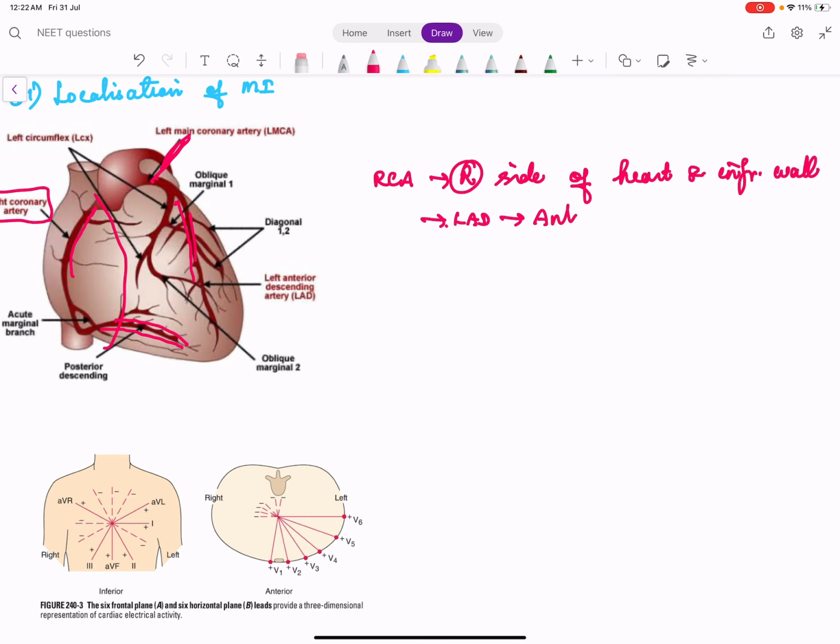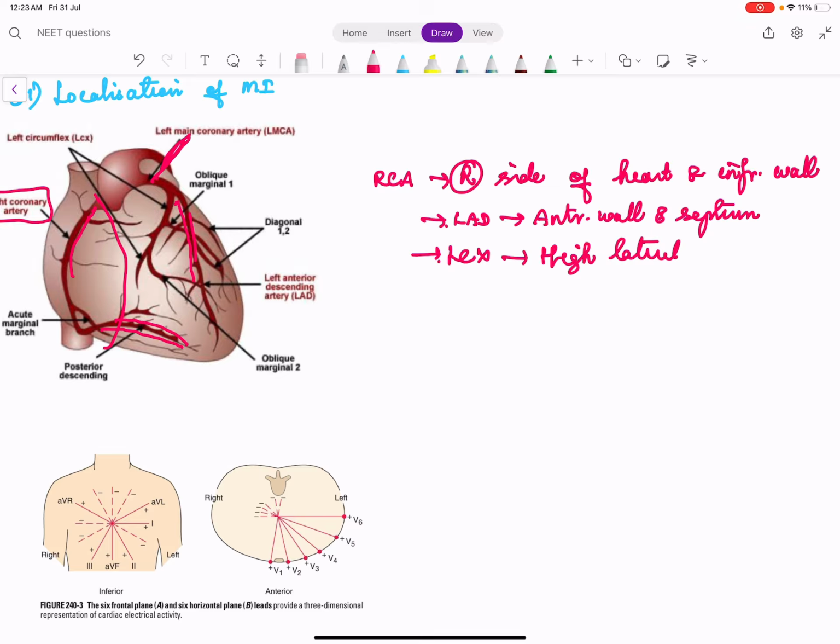It supplies the entire anterior wall and the septum. What does the left circumflex artery supply? It supplies the high lateral wall.